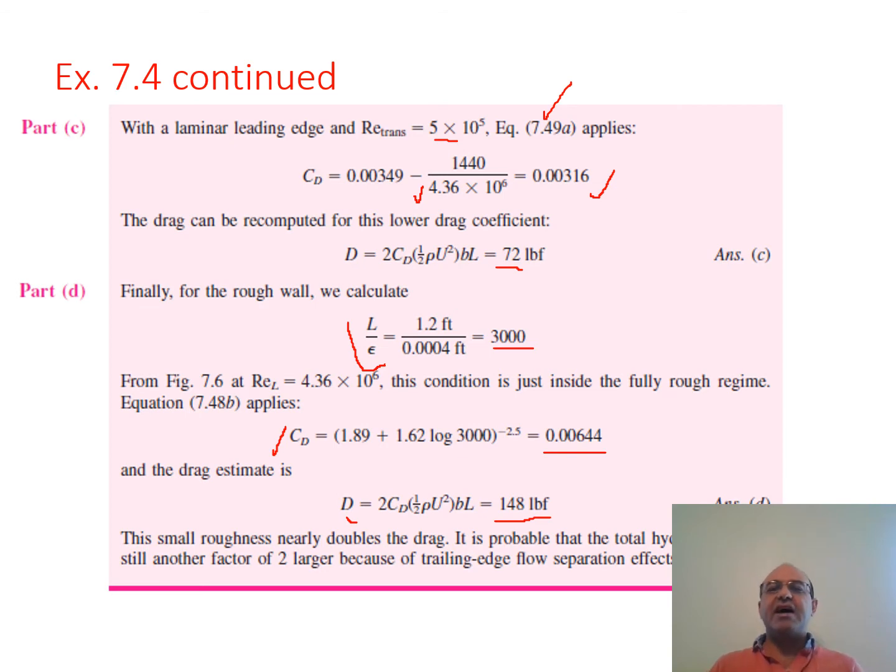But what we have talked about so far for the flat plate, the drag force that we have obtained is only because of the friction. So it's based on the assumption that the boundary layer does not separate. It's just a continuous attached boundary layer.